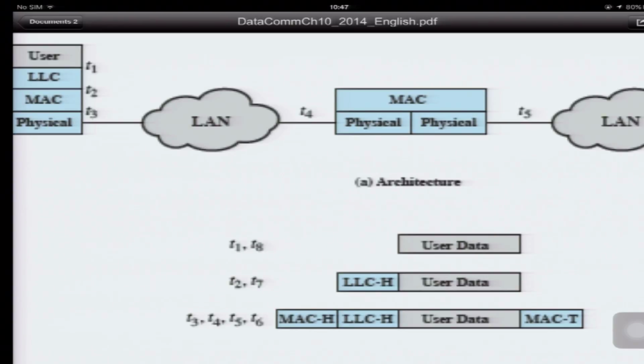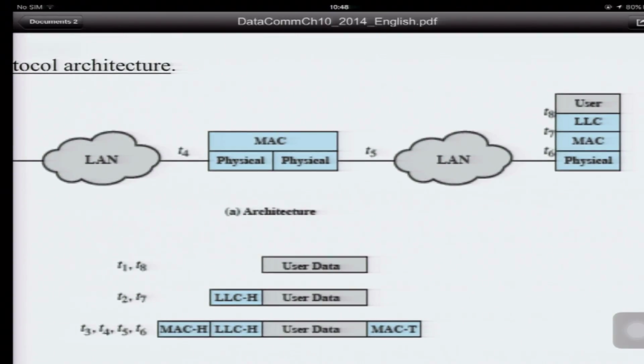The MAC layer will strip out, if it has to convert the MAC protocol, the original MAC header and MAC trailer, and then put in the new protocol of LAN B. So if LAN A is transmitting and the user is in LAN B, the bridge will take the header and trailer of the MAC of LAN A out, and then put the header and trailer of LAN B in if they use different protocols.